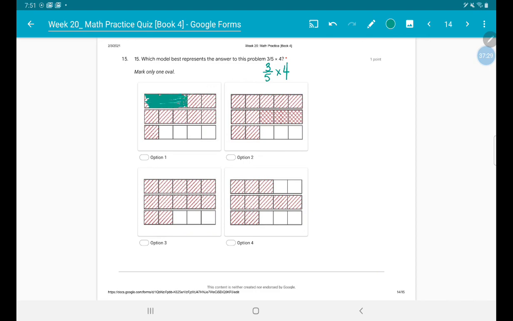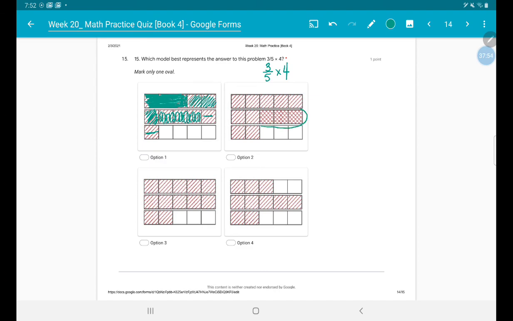I'm going to make another group of 3/5. There's 2/5 and 1/5 more. There's 2 groups of 3/5. If I get 3/5 more, there's 3 groups of 3/5, but I only have 2 groups. So option 1 is not 3/5 times 4.